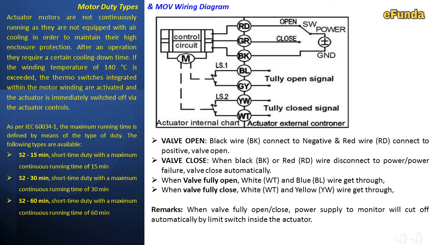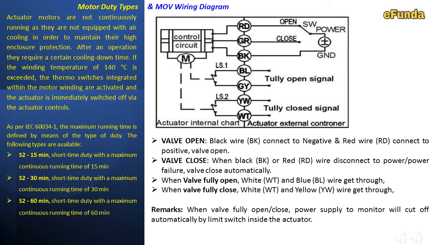As per IEC 60034-1, the maximum running time is defined by means of the duty type. The following types are available: S2 15 minute short time duty with a maximum continuous running time of 15 minutes, S2 30 minute short time duty with a maximum continuous running time of 30 minutes, S2 60 minute short time duty with a maximum continuous running time of 60 minutes.